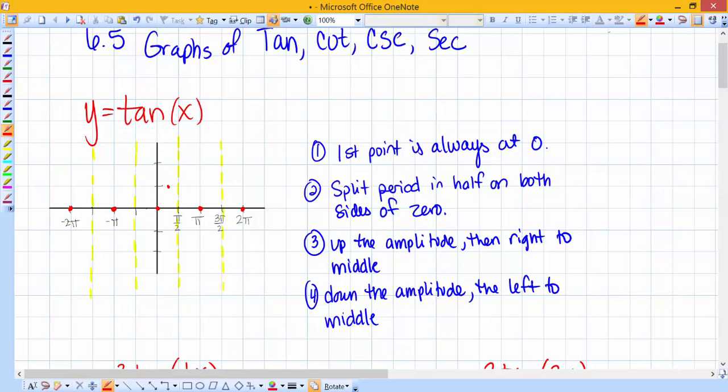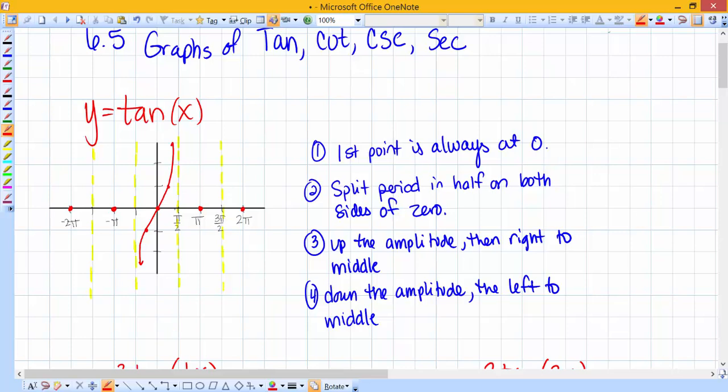I'm going to go to negative pi over 4, and the tangent is negative 1. I could plot some more points. I could plug in more values for x. My graph is going to have a curve very similar to what you would probably all quickly say, oh, that's a cubic graph. Very, very similar to that.